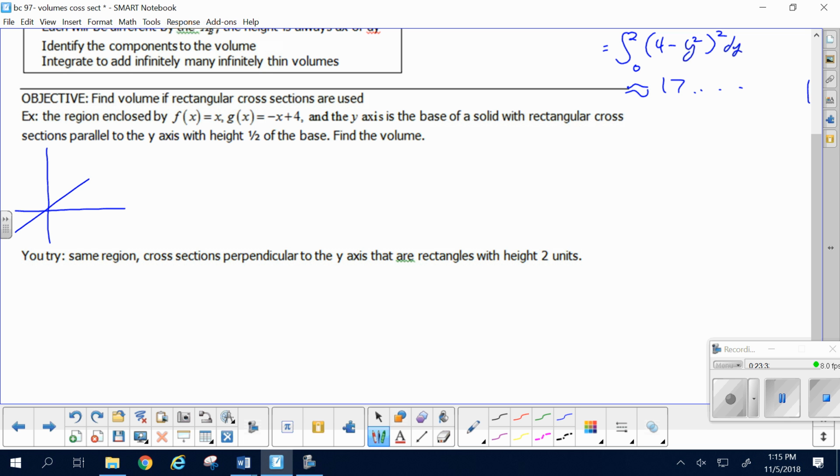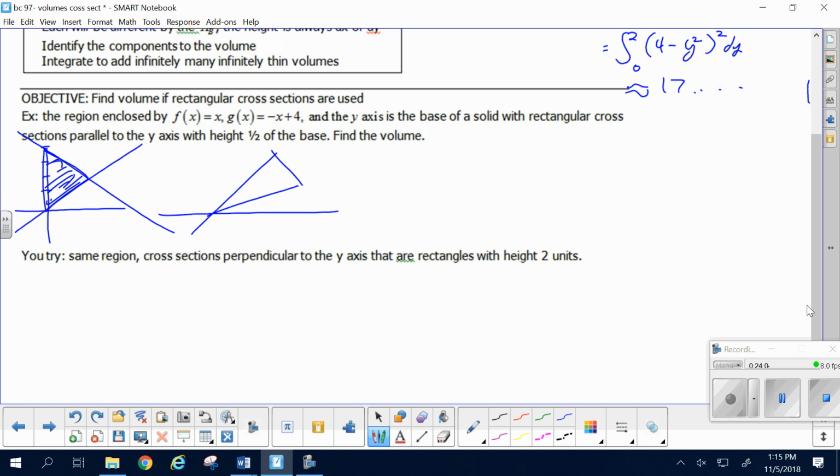Here's F, obviously, and here's G. And the y-axis, so we're talking this region here. Right? Now, if we graph that with perspective, it would be more like that region.